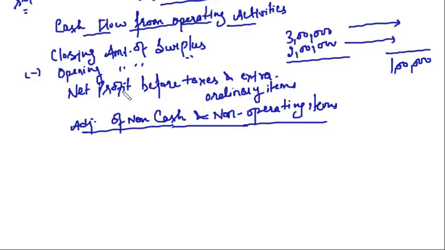Remember, while discussing also, I told you depreciation does not involve any cash outflow. It is just we are adjusting the values of the assets. It is just a book entry. Now, while preparing the profit and loss account, we must have subtracted this depreciation. Now, if we have subtracted it, we will add back. I'll say depreciation, 20,000.